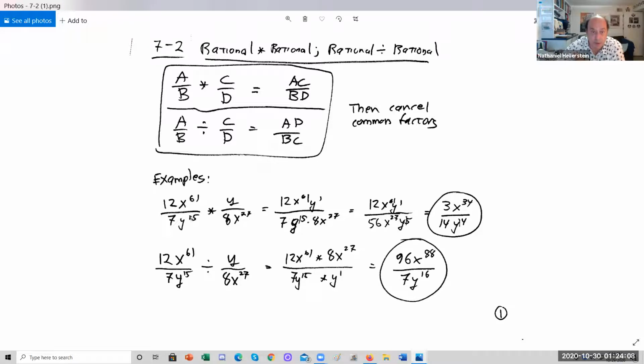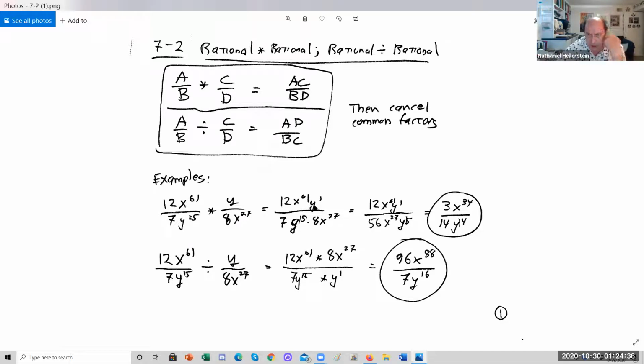So 12 x to the 61 over 7 x to the y to the 15th times y over x to the 27th. All right, so it's 12 over 7 times 8, x to the 61, and we write this as y to the first power over y to the 15th, x to the 27th. All right, 7 times 8 is 56, so it's 12/56.